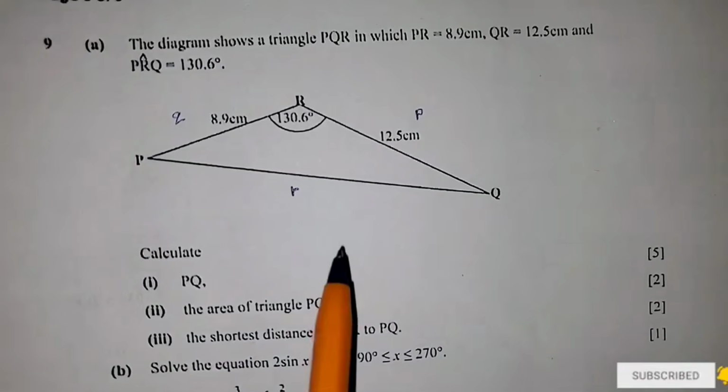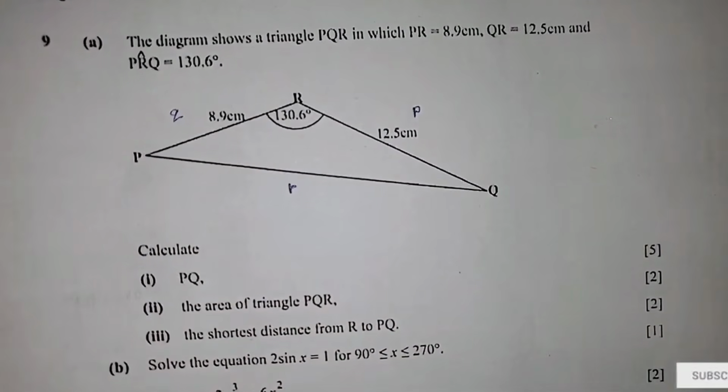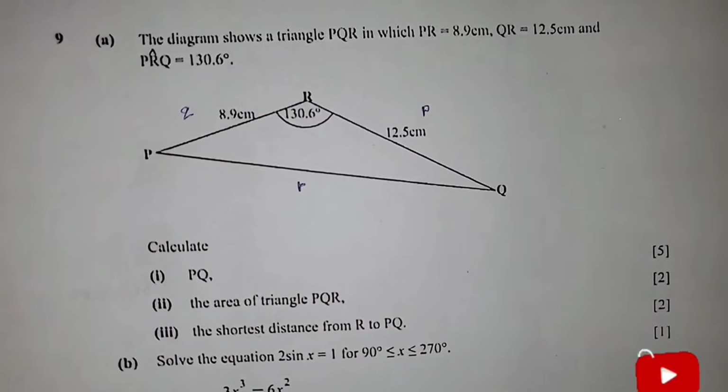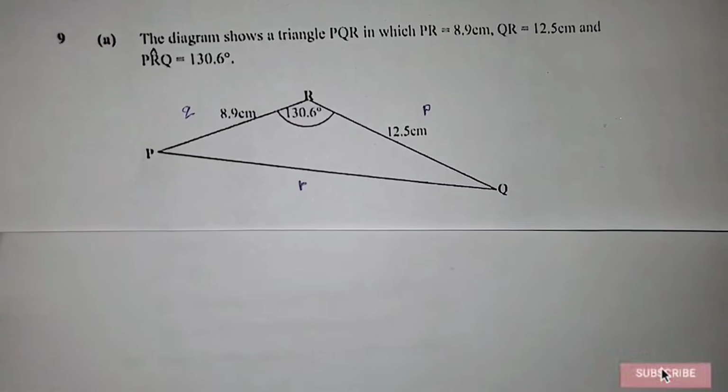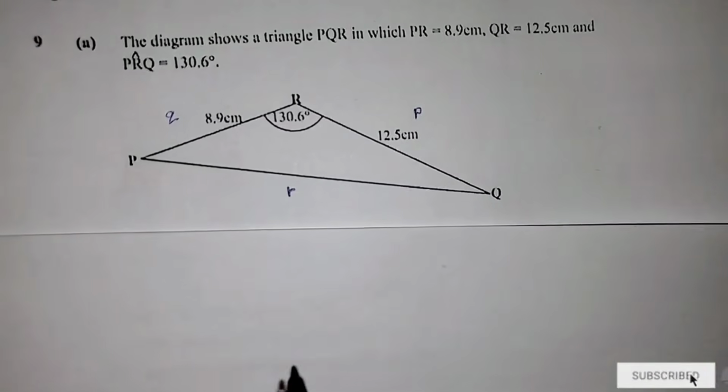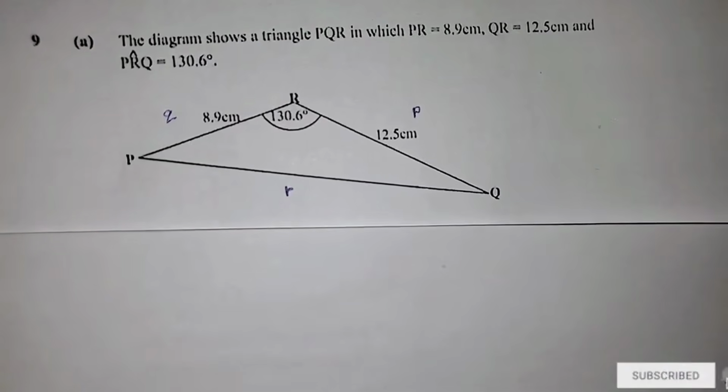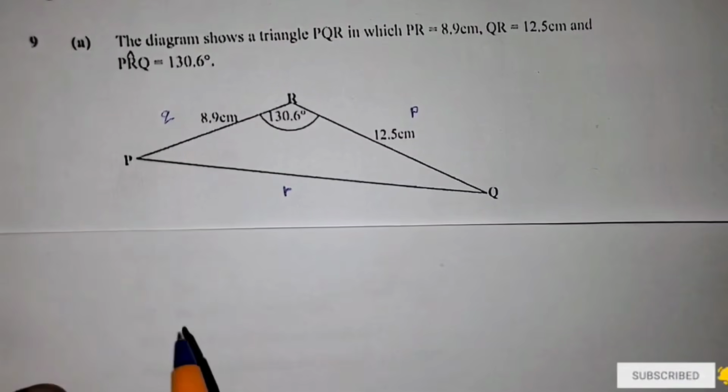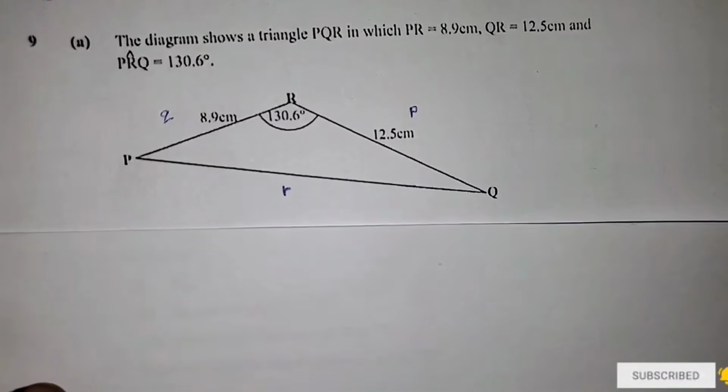Now, from what we've written here, we can come up with the formula. Always start with the side that is missing, the one that is in question.